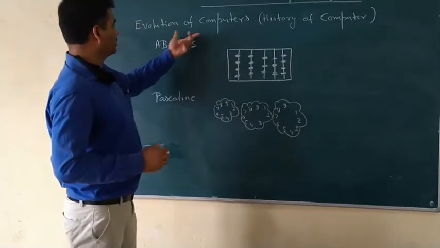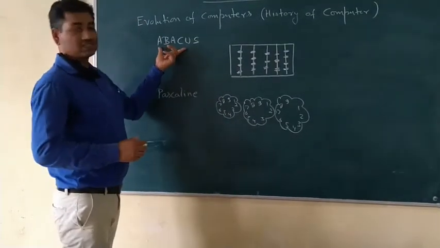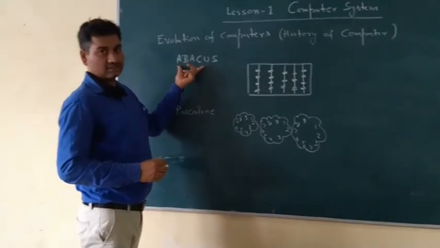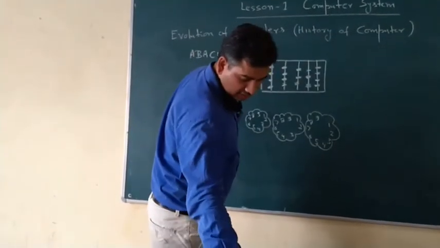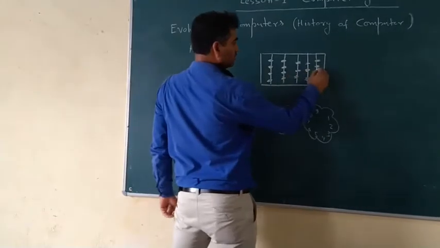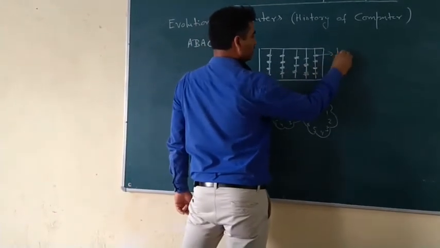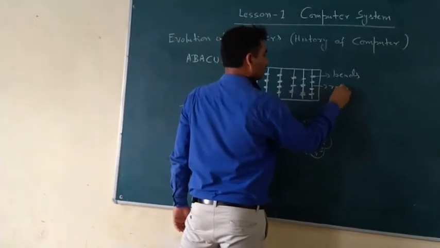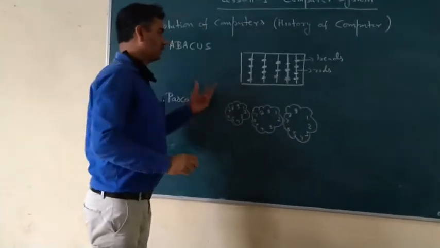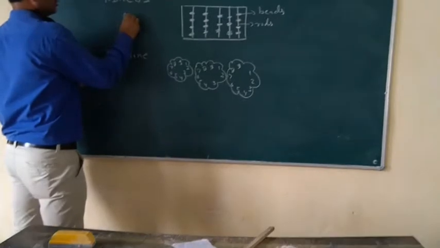So what was this? The oldest computer is the abacus. It has beads and rods. This is the rod and this is called beads. They are used for addition and multiplication.